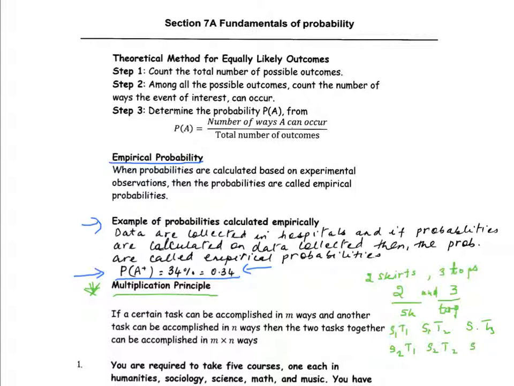I could wear the same skirt with top three. So there are six different ways in which I can wear two skirts and three tops. So clearly you can see that I didn't have to list all the outcomes. I could have just multiplied 2 with 3 to get the total number of outfits possible with two skirts and three tops. That is called the multiplication rule. Although it seems very basic, many counting techniques are based on the multiplication principle.